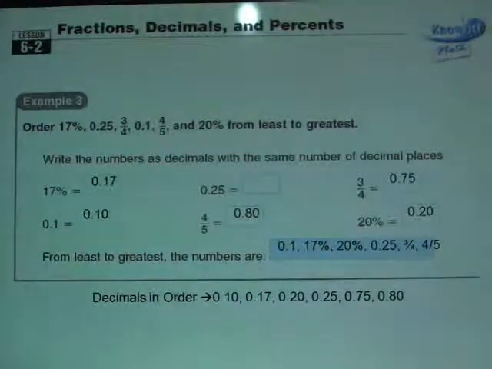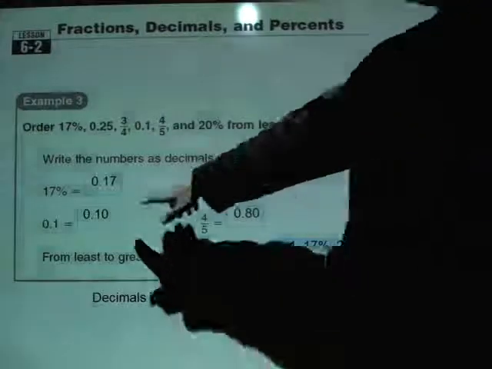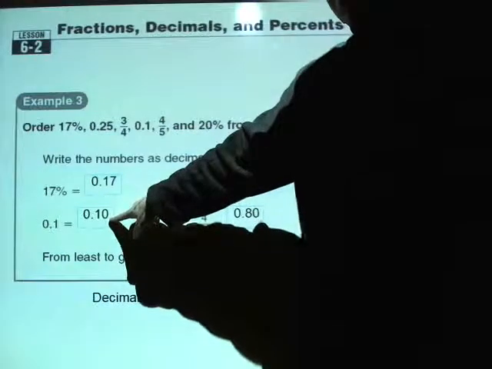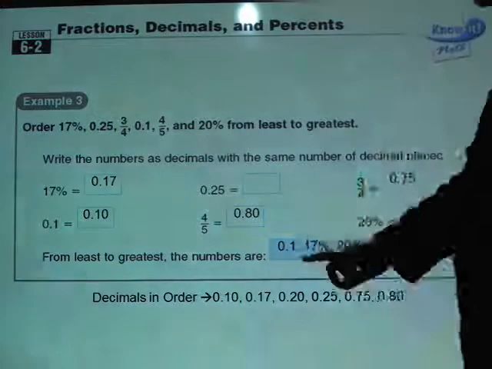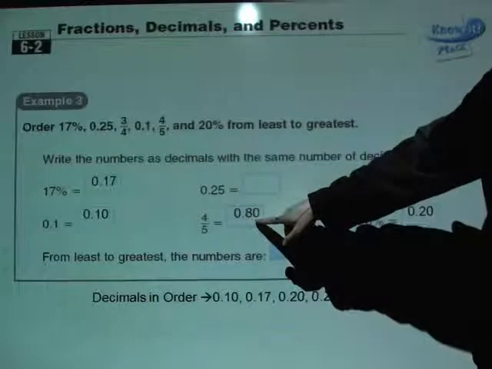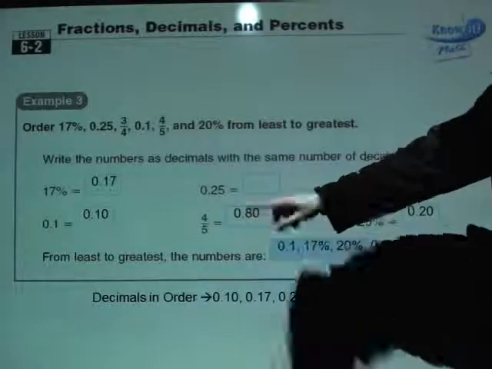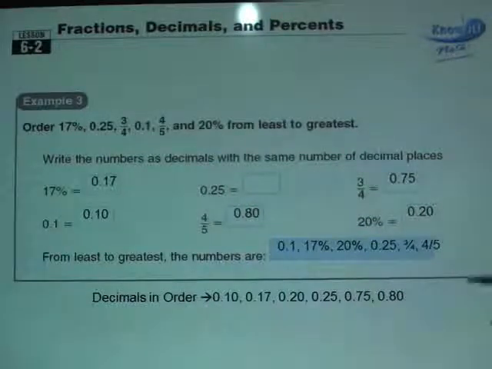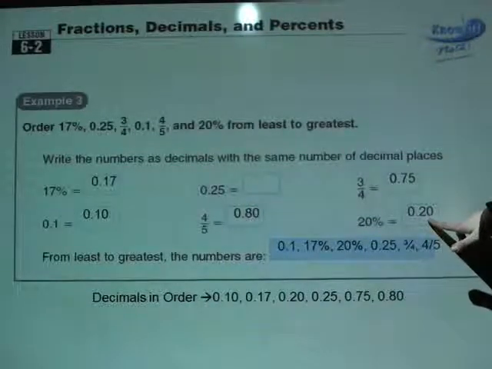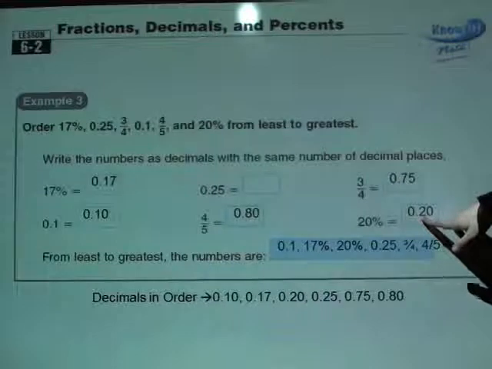Because of that setup, I wrote everything to have 2 places after the decimal. That's why 0.1 got rewritten as 0.10, and why 4/5 got written as 0.80 instead of 0.8. Even though I don't need to write 0.20, it could just be 0.2, I still wrote it as 0.20.